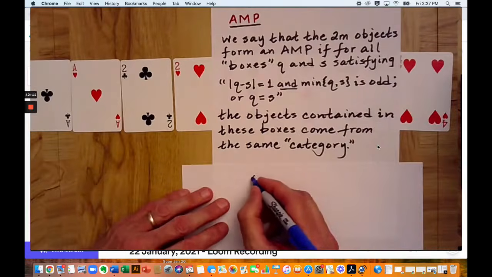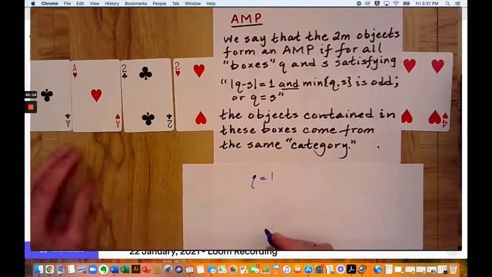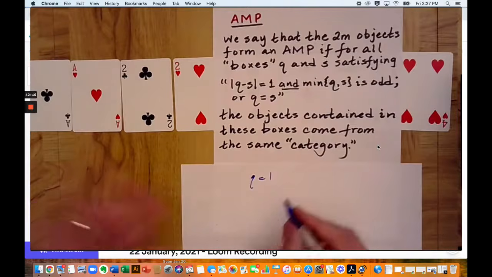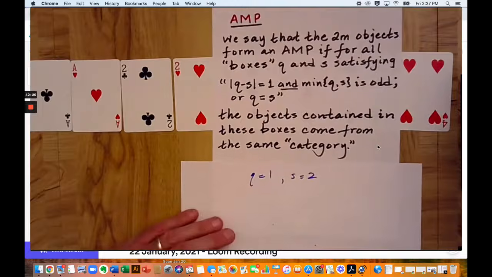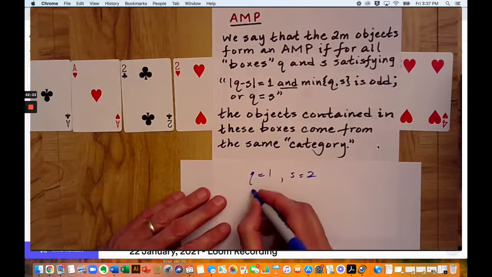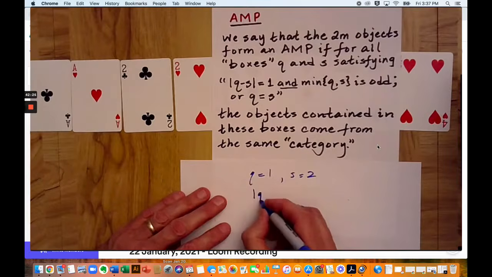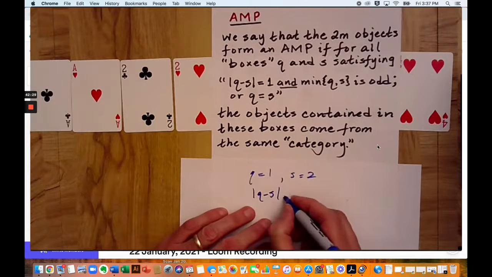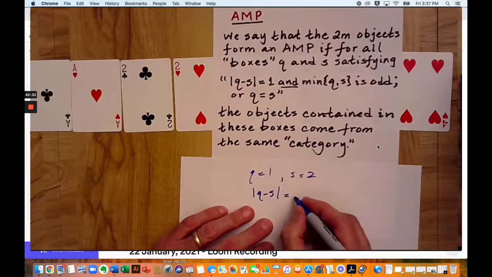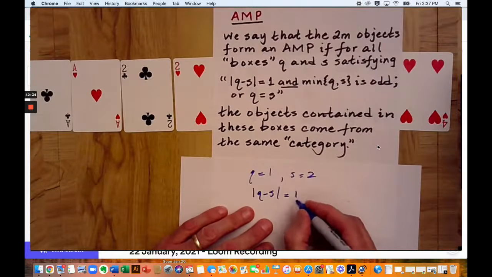Well, this is position 1 over here. So why don't we say Q is 1. This is position 2. S is 2. Okay? So first off, is it true that the difference, hopefully you can see this, it's kind of small, sorry about that, is equal to 1?